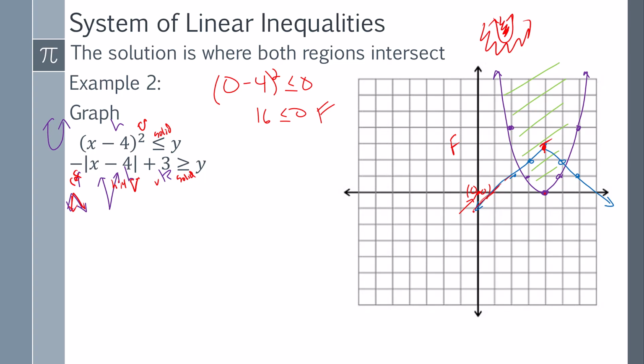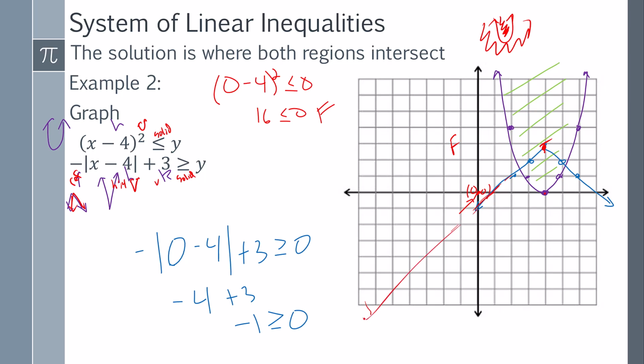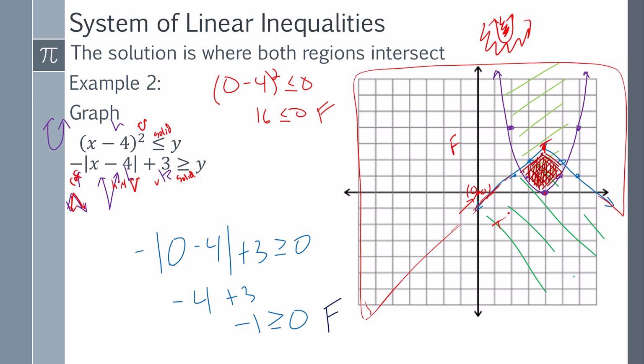Because it's not on the line, I can test it. So if I plug in 0, 0, I get negative 1 is greater than or equal to 0. That is going to be false. So that region is going to be false, which means this side by default is going to be true. And so shading that side, now the answer is where the regions intersect, and so they intersect there.